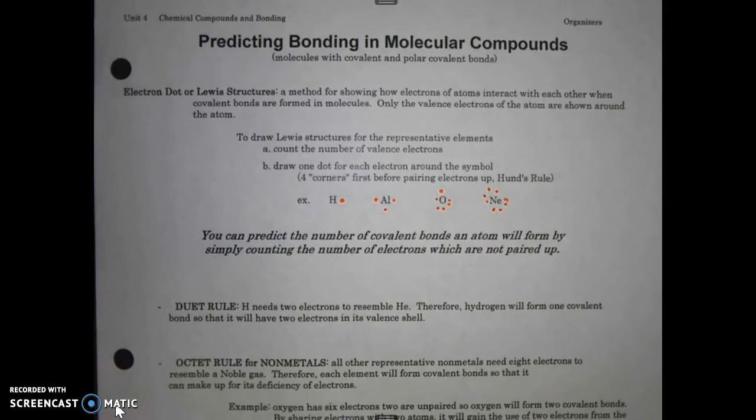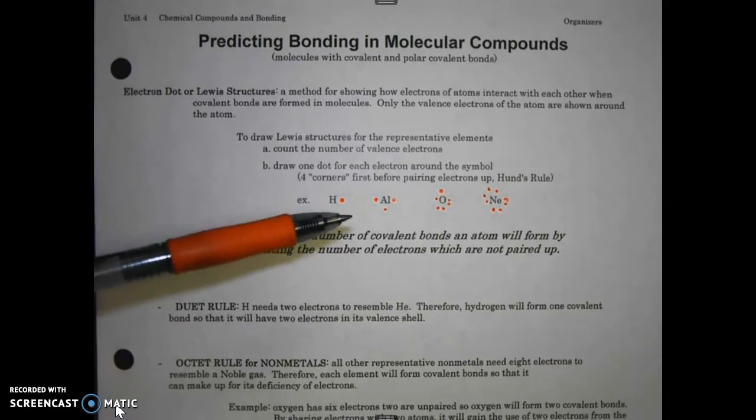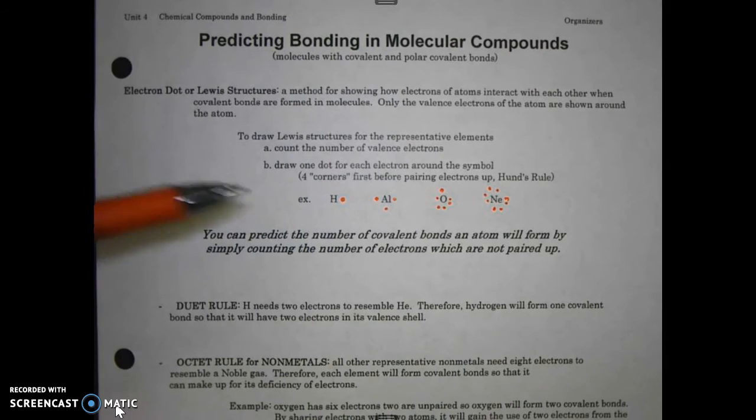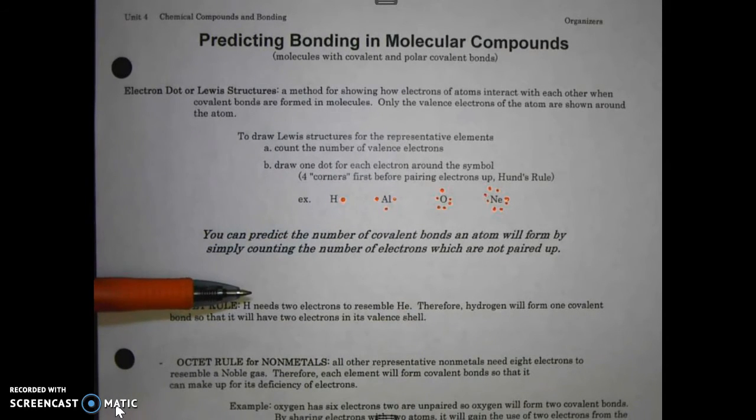Once you know how to draw the Lewis structure, then you have to start predicting how these atoms are going to bond to other things. The easiest way to remember is that you're going to try and pair up all unpaired electrons. So for example, hydrogen will form one bond because it's got one unpaired electron.